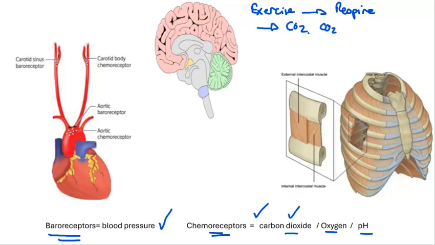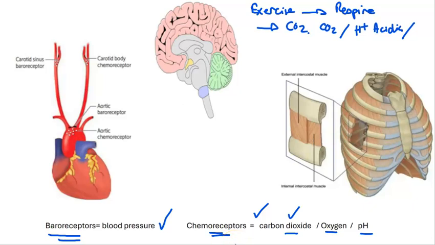Also, through the Bohr effect, the carbon dioxide would result in the formation of hydrogen ions, so the pH of the blood would fall, it would become more acidic. So these could all be detected by our chemoreceptors.